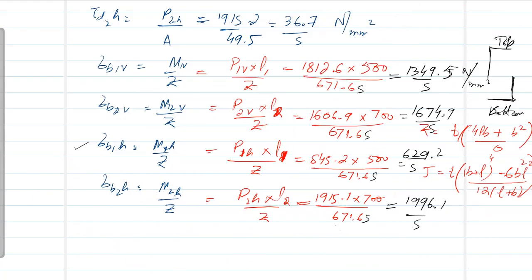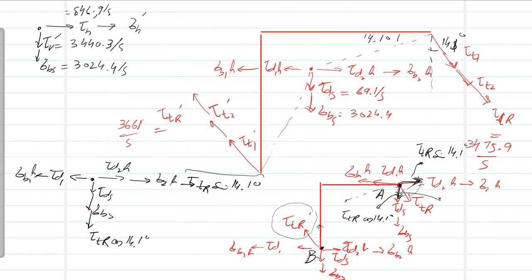The highest value is 1996.1 minus 629.2. So 1366.9 divided by s. Now we have two shear stresses and two bending stresses. Clear?